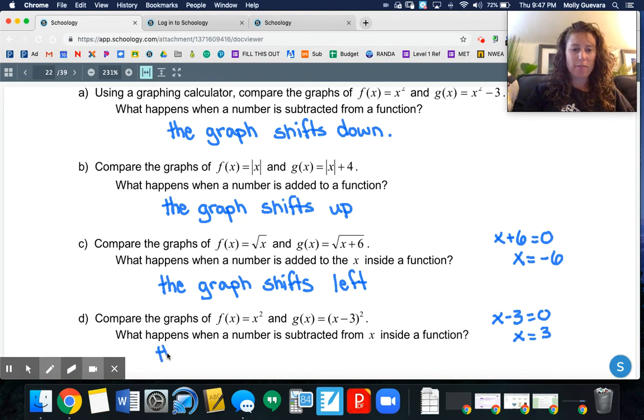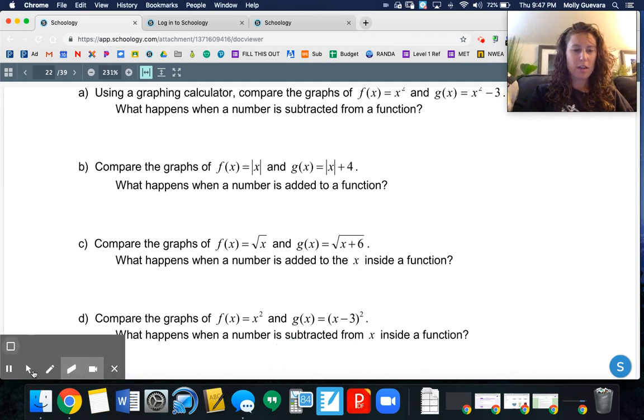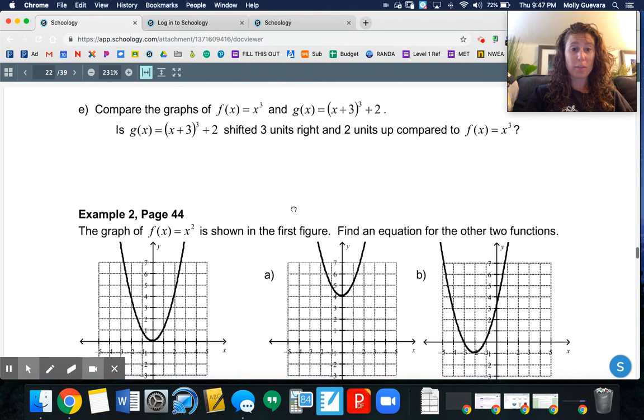So this graph shifts right. Right, that graph goes to the right. So again, you're more than welcome to mess around with your graphing calculator there and figure those out. But I figured it was faster to just talk about them, right?